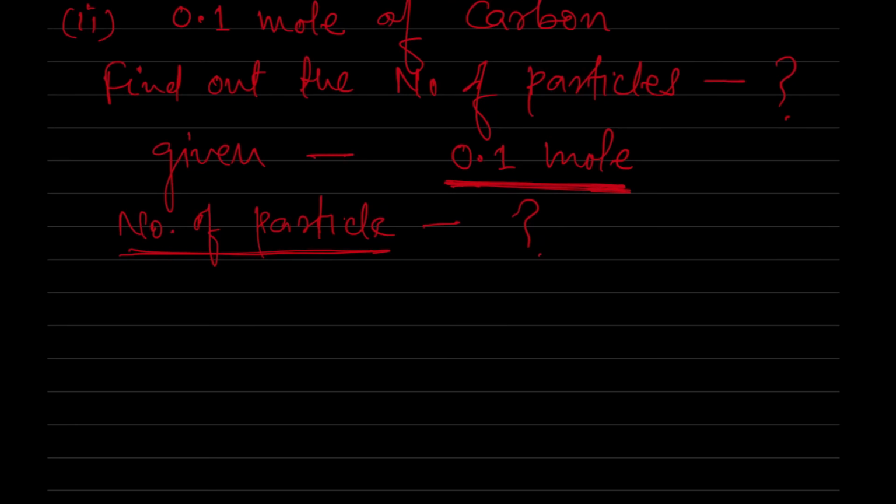Mole is given, and the question is asking about the number of particles. So we will multiply this value 0.1 by the Avogadro number, 6.022 into 10 to the power 23.